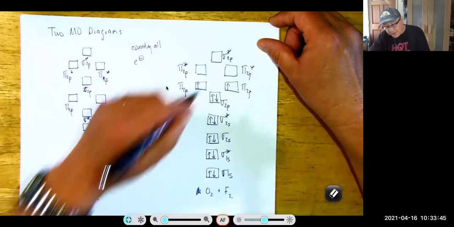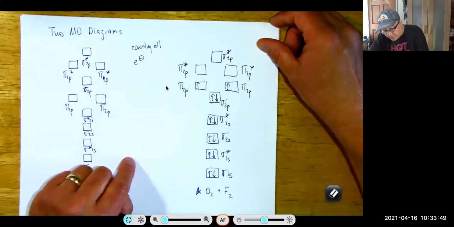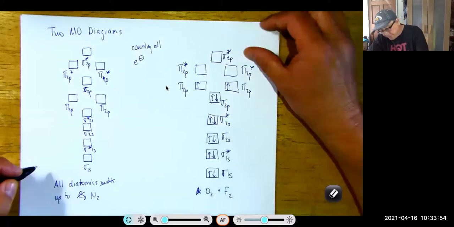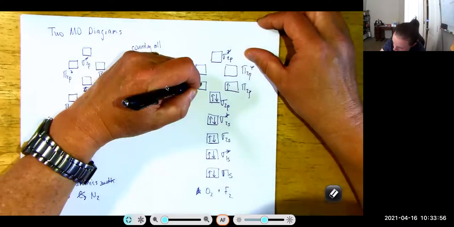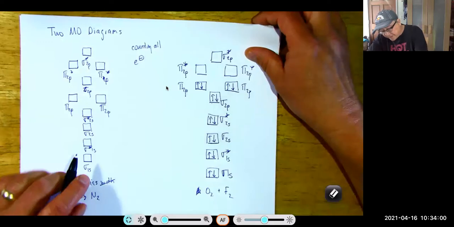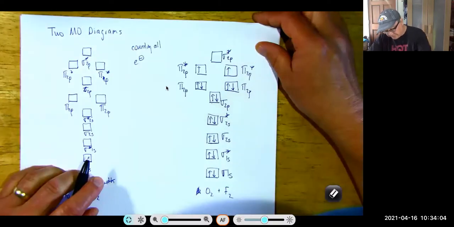You see how I separated 11 and 12? Because these are of equal energy, so I put 1 into each orbital first. Same energy level. Yep, 13, 14. And then 15, 16, right? So this is O2.